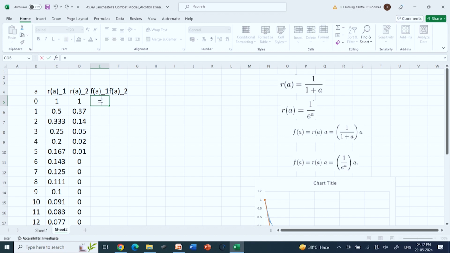So, this is equal to A times, multiplied by Ra, which is this, and this is equal to again A times multiplied by this Ra.